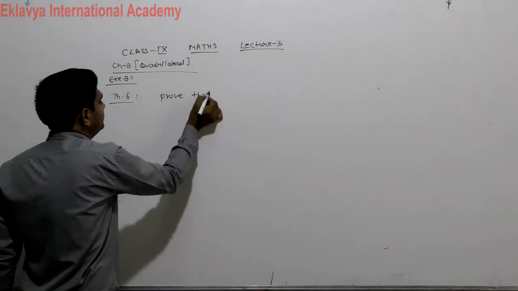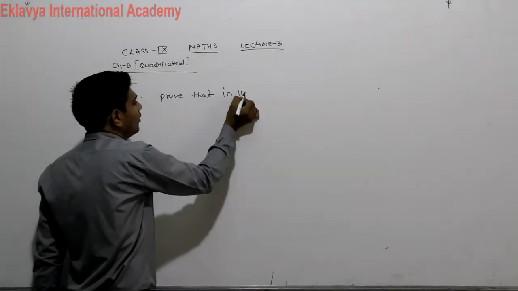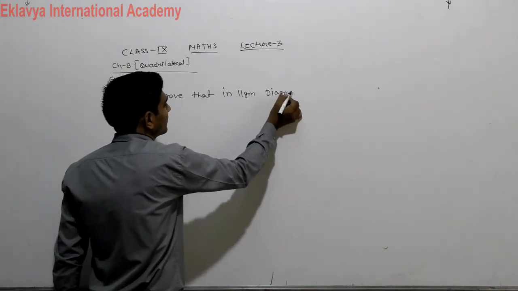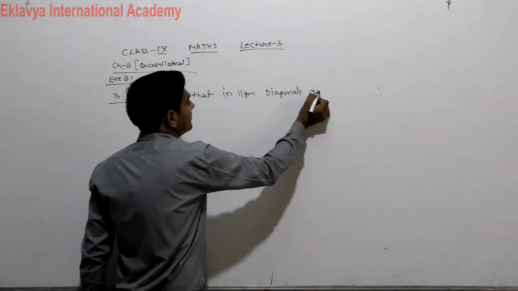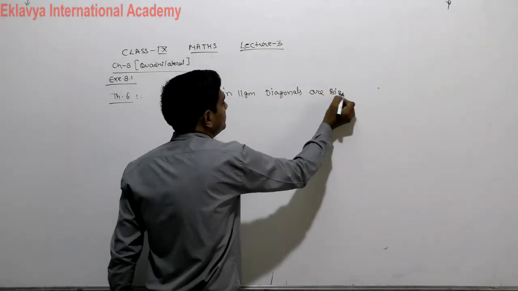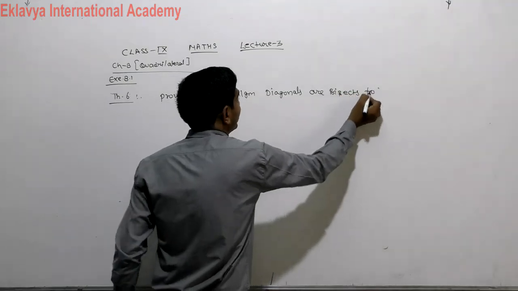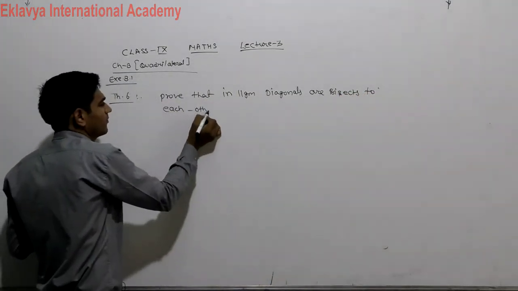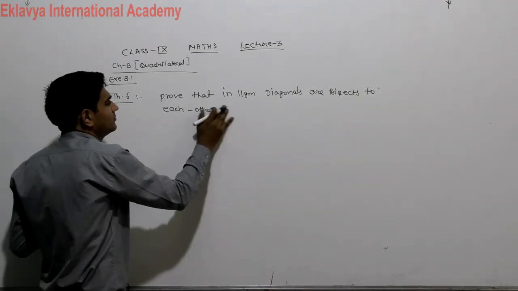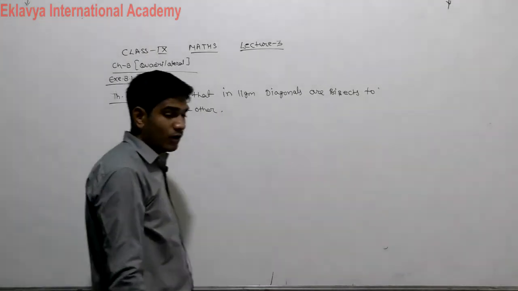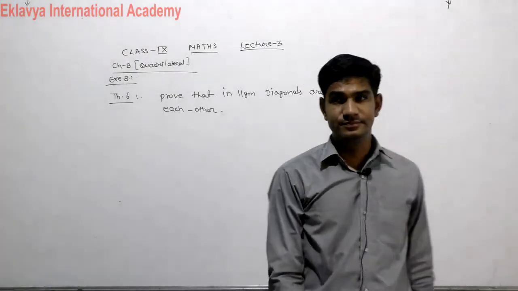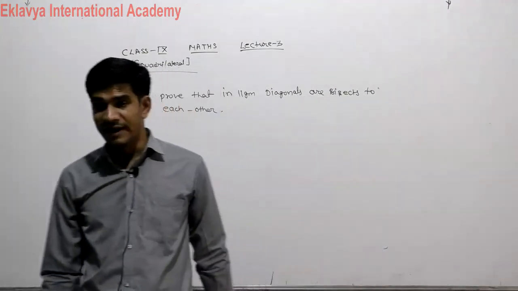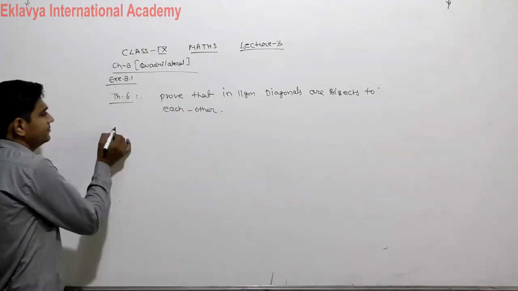Prove that in a parallelogram diagonals bisect each other. What will we prove here? That in a parallelogram its diagonals bisect each other.